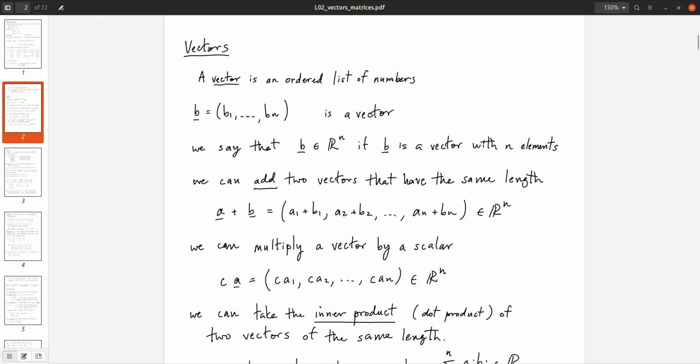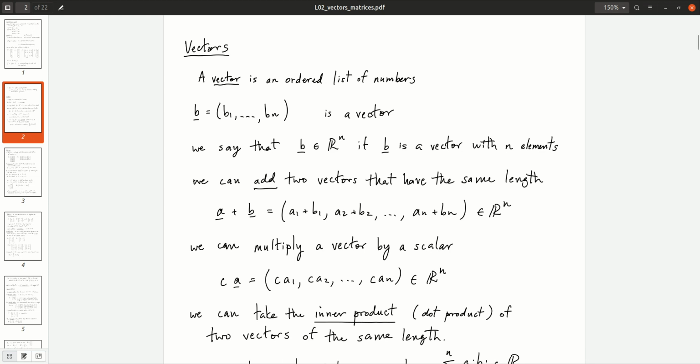So the line under it indicates bold in the notes. So we just list out the individual elements of the vector, b1, b2, b3, up to bn. Now, if we have a vector bold b, the first element of the vector we write as b sub 1. Second element is b sub 2, so on and so forth.